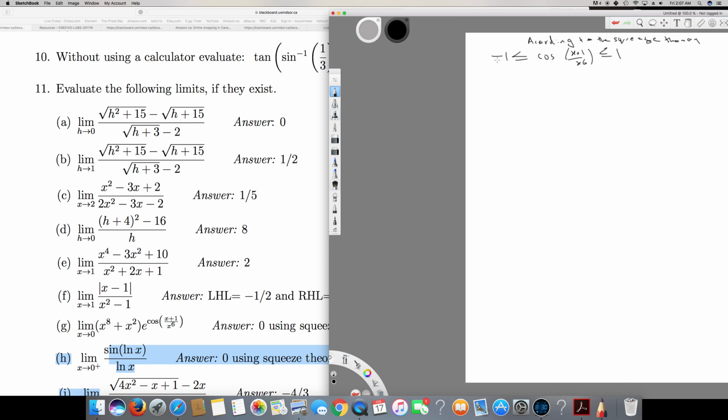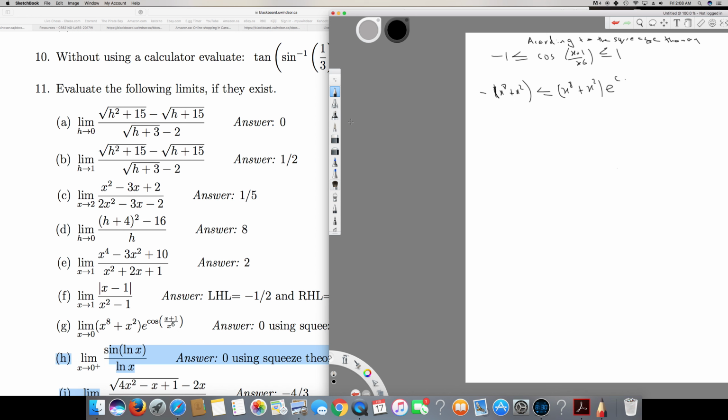So let's see. If this is between negative 1 and 1, then I missed a step.